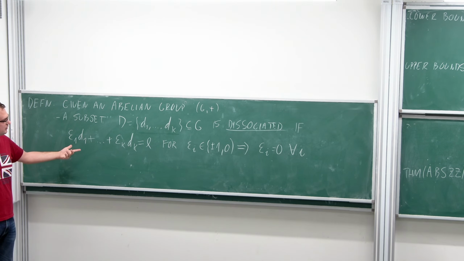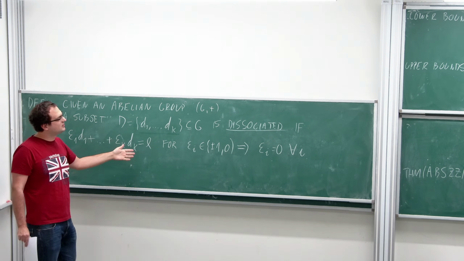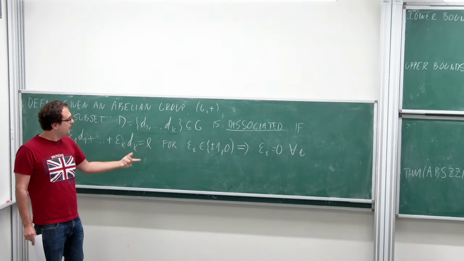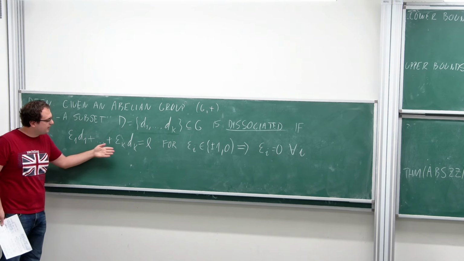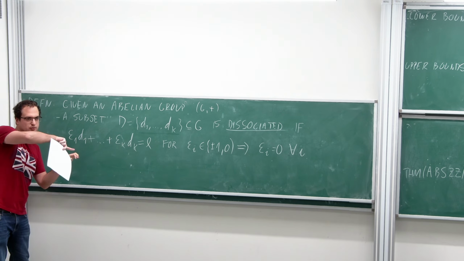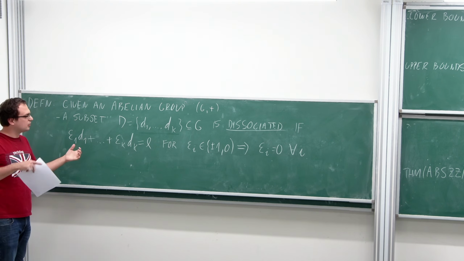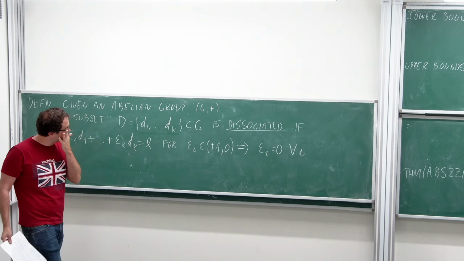For example, if you take some subset of your group and you take a maximal dissociated subset of it, then this is spanning, right? You will be able to hit everything in the set. Why? If you don't hit someone, you can add it to your dissociated set.